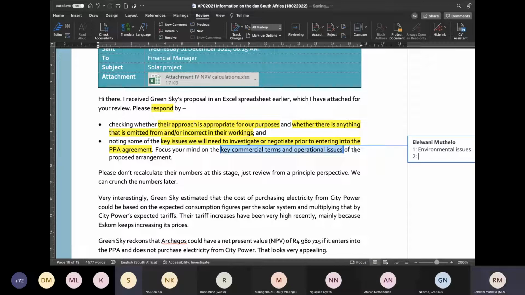Which question are you answering? Because maybe I've got two questions. First I asked what else is there to consider, and then I asked what are the kind of issues in the commercial terms and operational issues. So when you are responding now, which one are you responding to? Or is it the commercial issues?